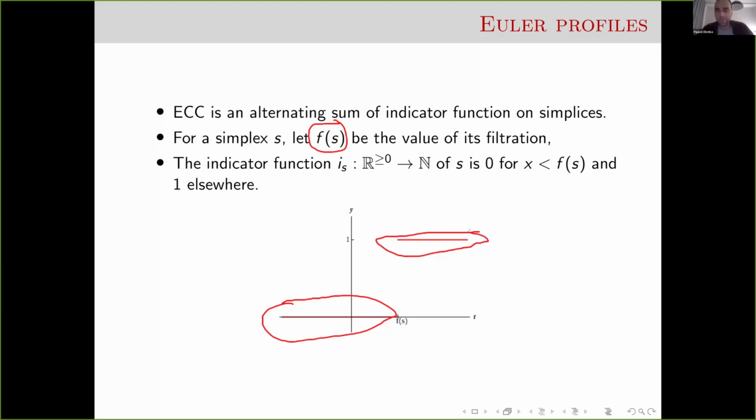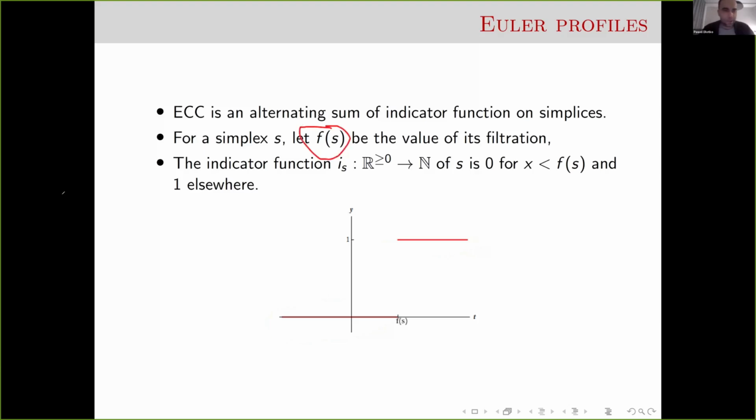It is equal to 1. So we take this Heaviside function and multiply it by -1 to the dimension of our simplex. If we take those indicator functions multiplied by -1 to the dimension and sum them up across all the simplices in our complex, we get the Euler characteristic curve.